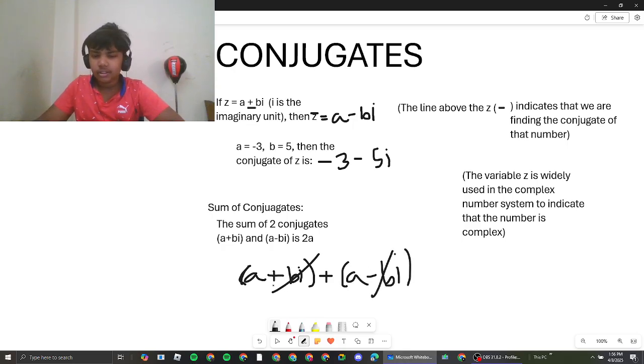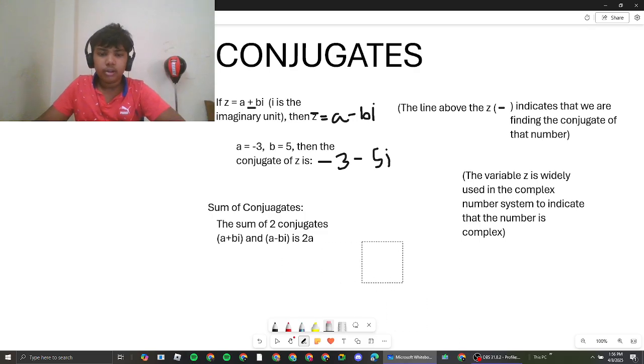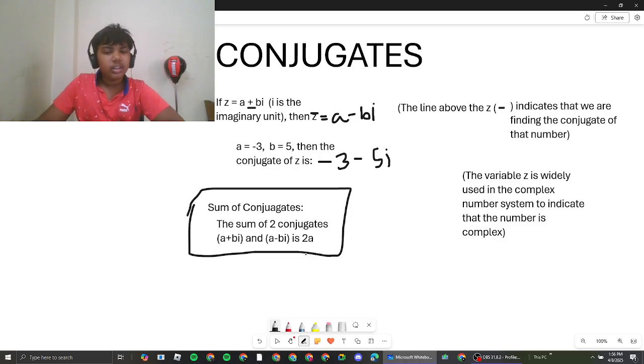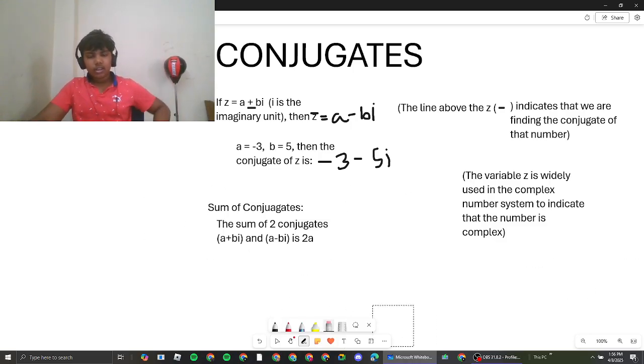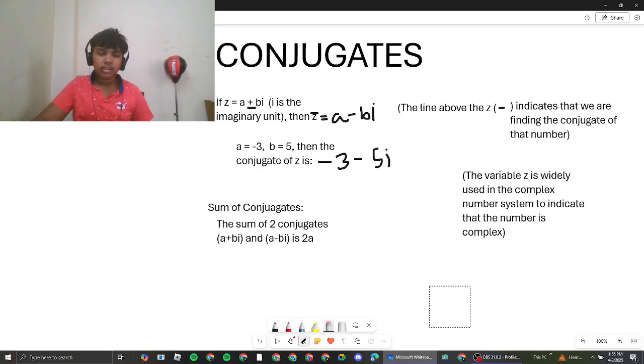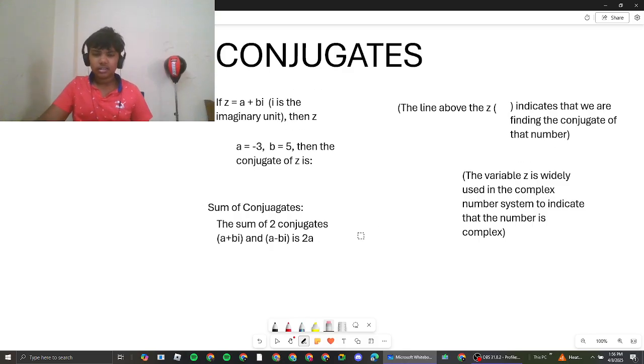The bi terms cancel and you're just left with 2a. We'll get to the product and stuff later in this video. So these are all about conjugates. I hope you understand that. You can take a screenshot of this if you want.